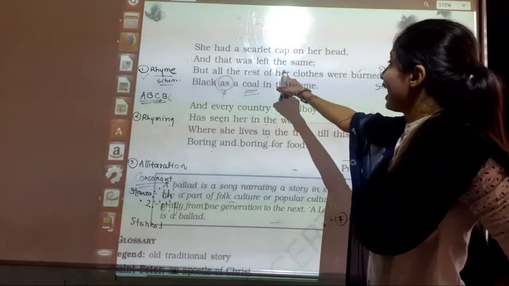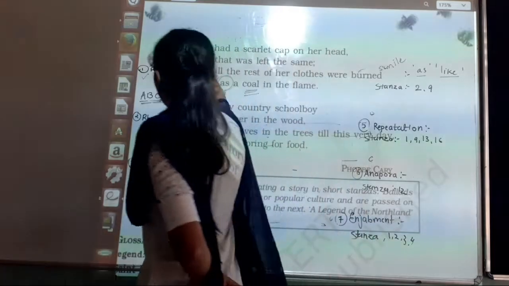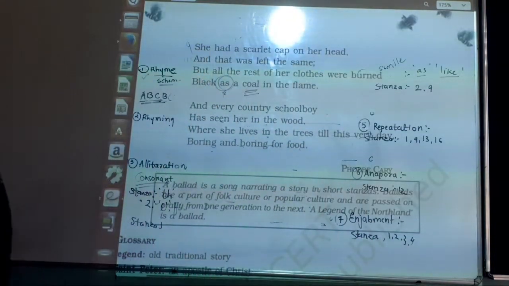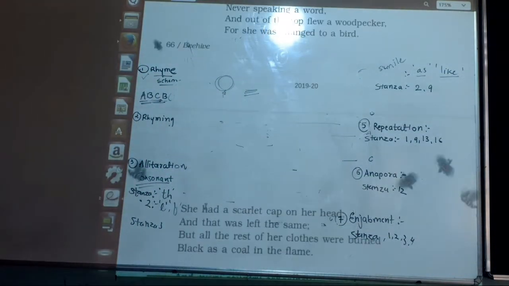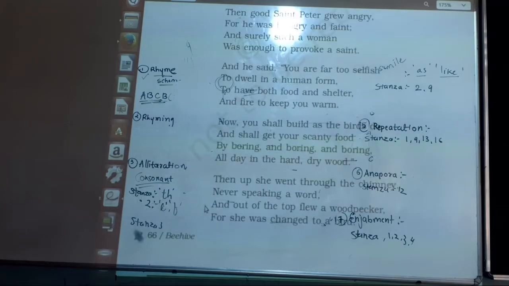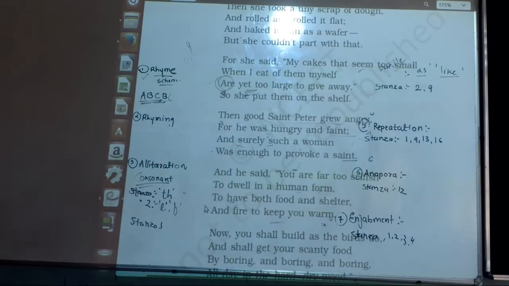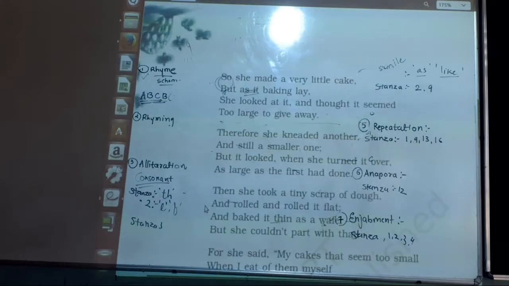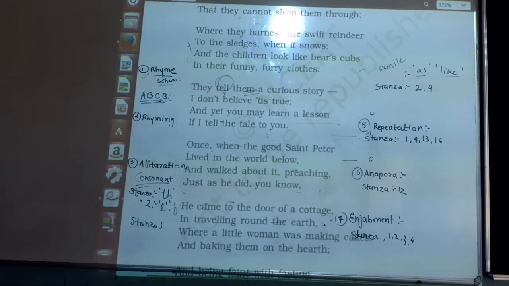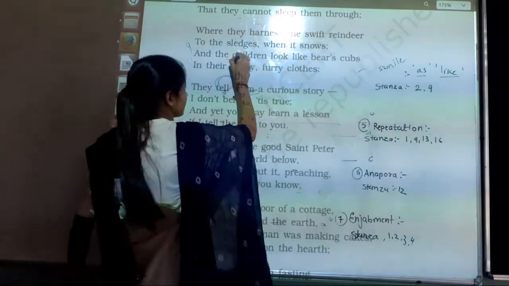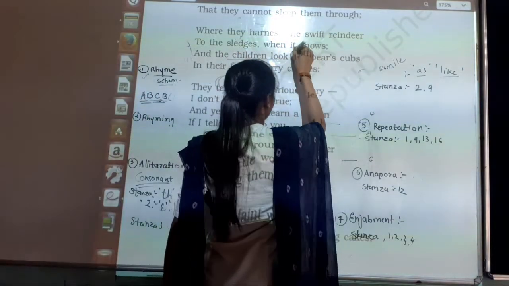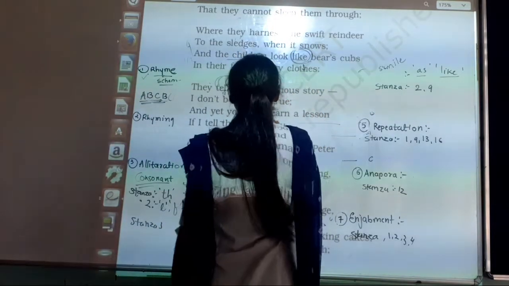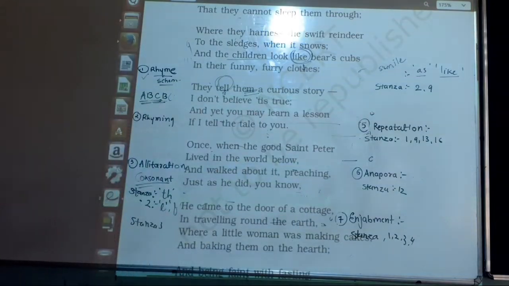See, so left this stanza number 9, stanza number 2, and also one of the examples given here. See, here another word, "the children look like", is also an example of simile. So in which stanza is it given here?